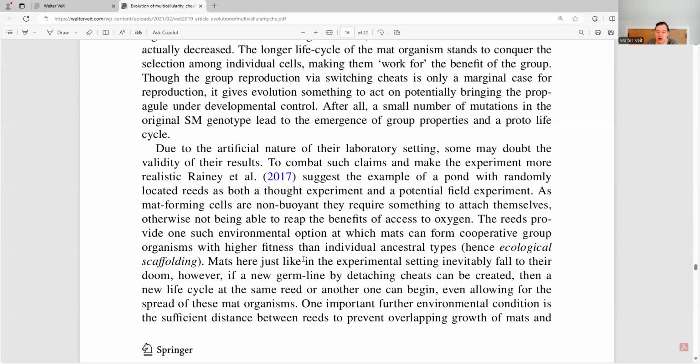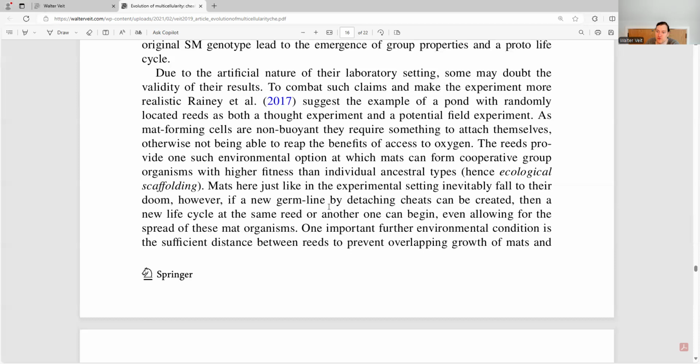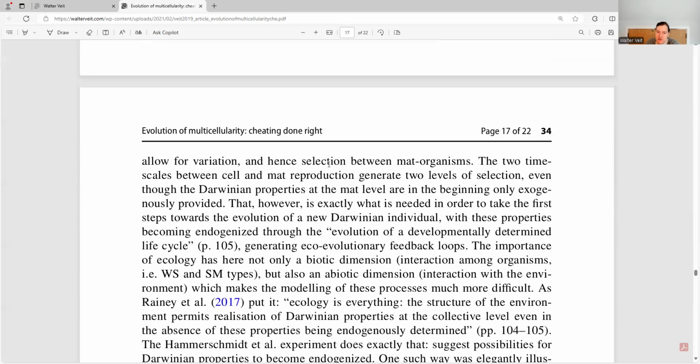MADs here, just like in the experimental setting, inevitably fall to their doom. However, if a new germline by detaching cheats can be created, then a new life cycle at the same reed or another can begin, even allowing for the spread of these MAD organisms. One important further environmental condition is the sufficient distance between reeds to prevent overlapping growth of MADs and allow for variation, and hence selection between MAD organisms.